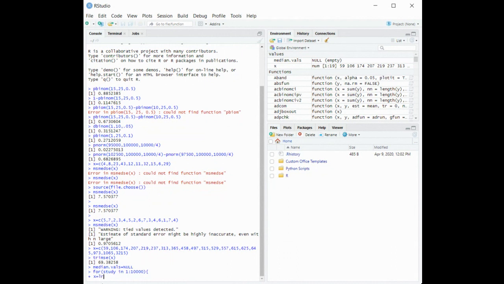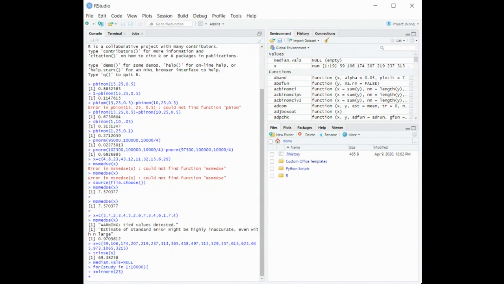X equals rnorm of 25. Enter. And then median.vals, and we're doing study, close parentheses, equals median X, and there's that close parentheses.